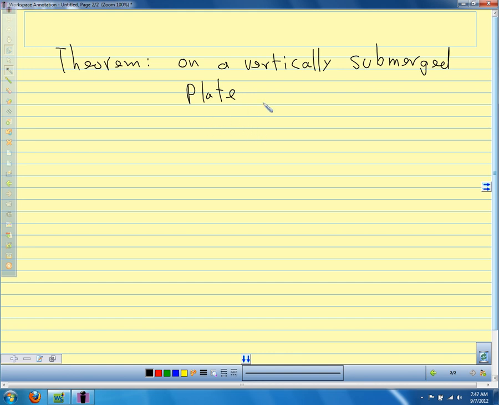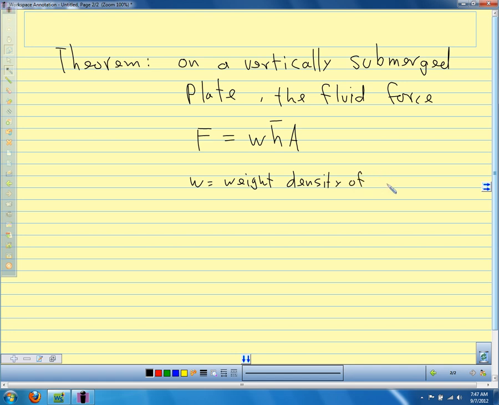The fluid force F is the weight density of the liquid times H bar times A, where W is the weight density of the liquid, and H bar is the depth of the centroid below the surface.